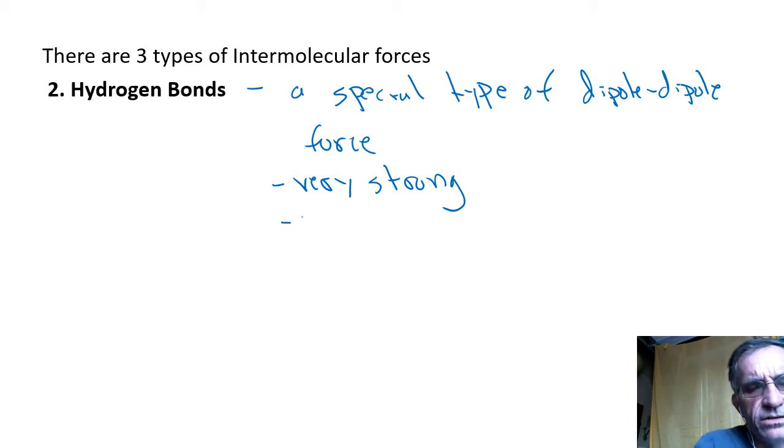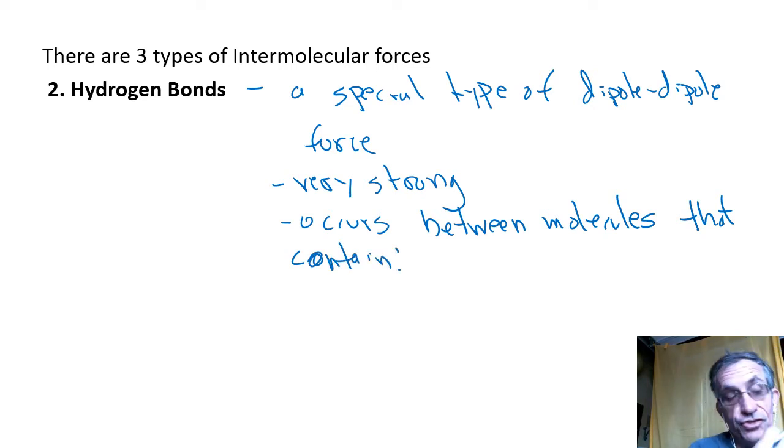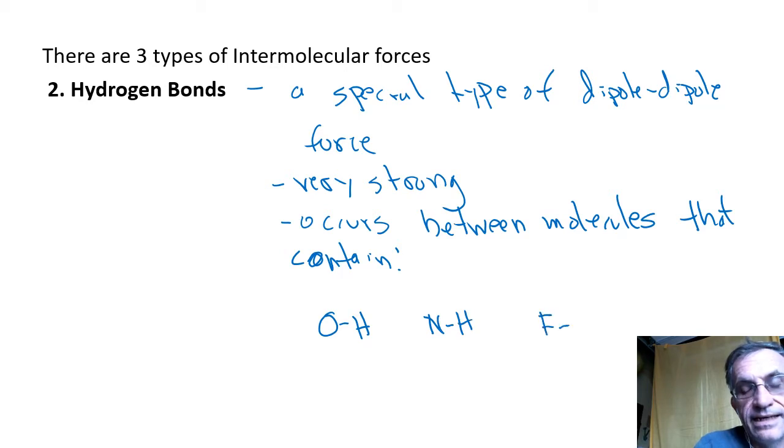So it occurs between molecules that contain, all right, you have to have this as part of your structure: a bond between oxygen and hydrogen, nitrogen and hydrogen, or fluorine and hydrogen.